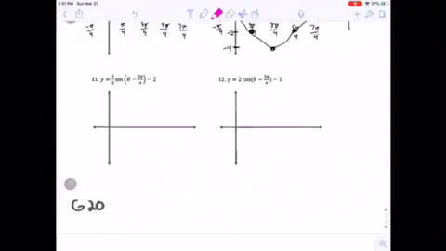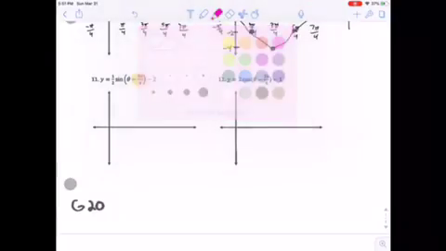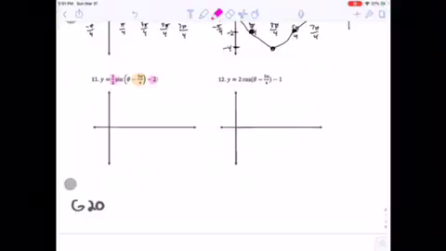11 affects your x's, affects your y's. And so now with our table, we're going to have x plus 3 pi over 4, and then we're going to do y divided by 2 minus 2. So starting off, 0 plus 3 pi over 4 is 3 pi over 4.